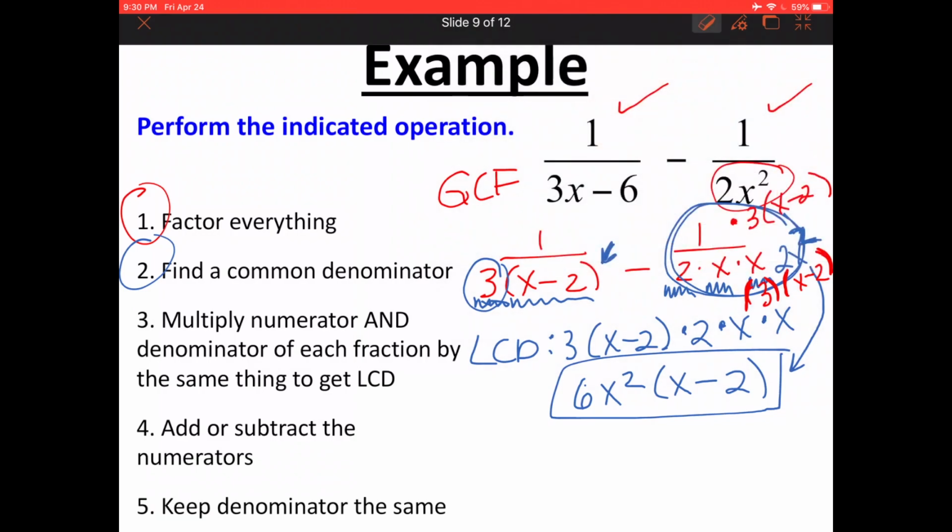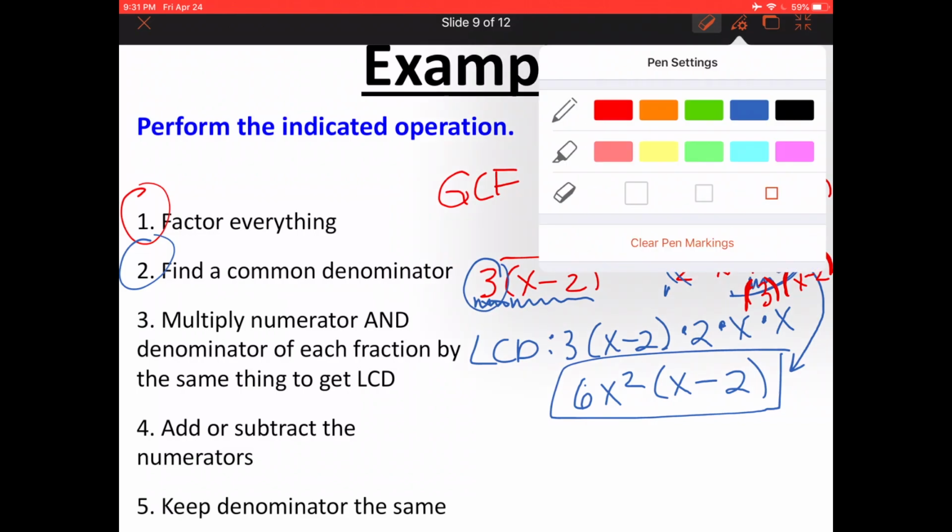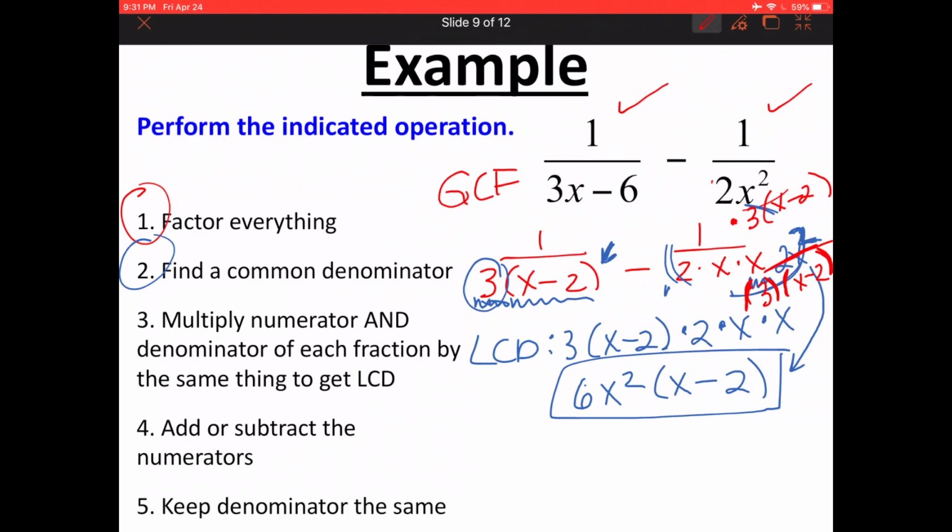All right, and let me try to erase some of this so it's not as crowded. Okay, guys? But what we're doing is we're multiplying the denominator times 3 times x minus 2, and we're multiplying the numerator times 3 times x minus 2. So in the denominator, that's going to give me 6x squared, x minus 2.